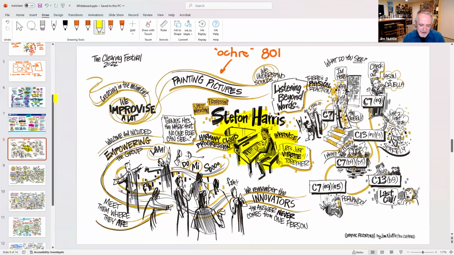I figure, okay, it's not a full-on headshot. It's just him at the piano, and I could get abstract with it. And then, as a lot of these do, there wasn't a particular flow. He had points he wanted to make: listening beyond words, we improvise, genius hits the mark, empowering the group. So I was capturing those in a scattershot way.